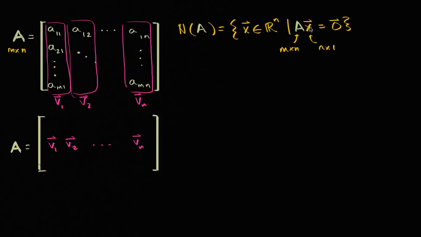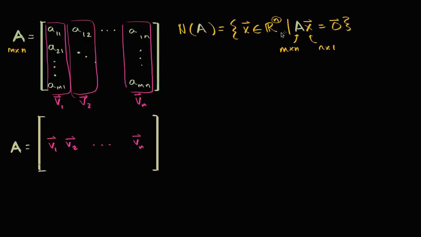And so it's going to have n components, so it's going to be a member of Rn. If this was m by, I don't know, 7, then this would be R7 that we would be dealing with. So that is the null space.